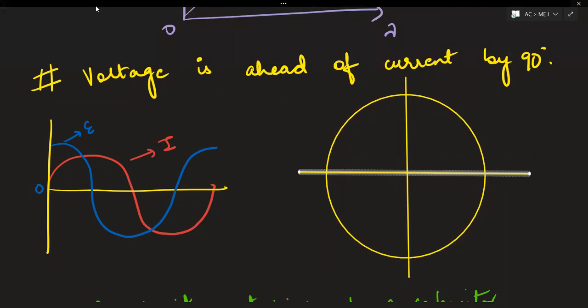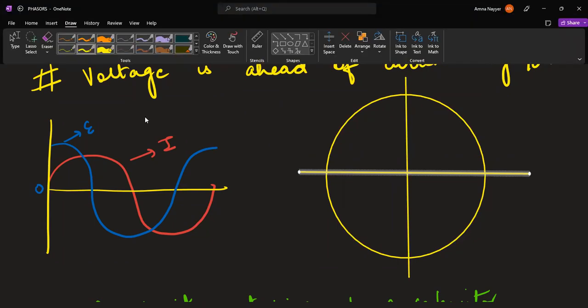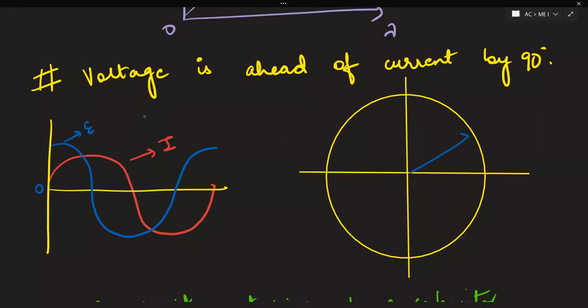For example, let's say this is EMF or voltage. Then current will be lagging behind EMF, and by what angle? This angle will be 90 degrees.